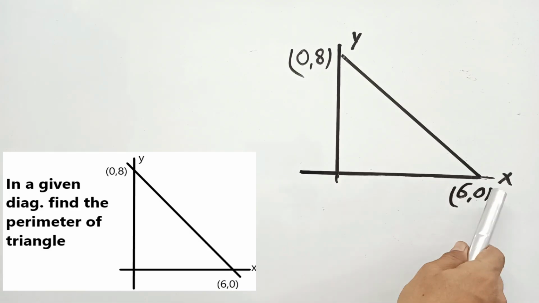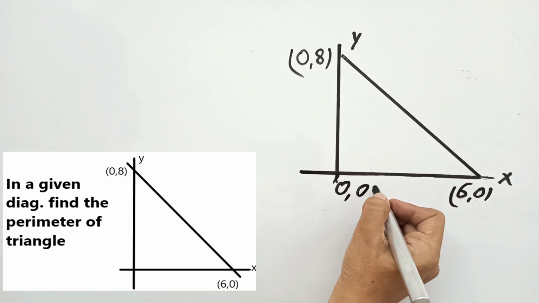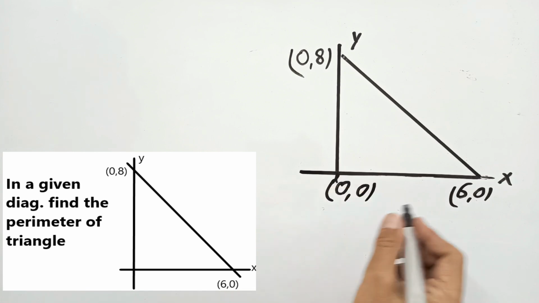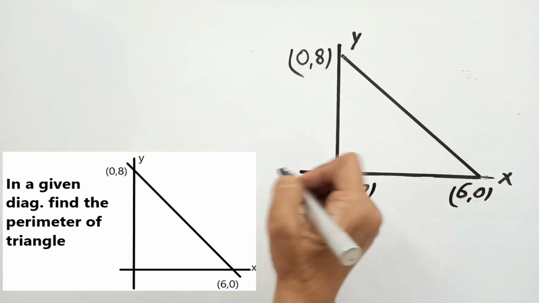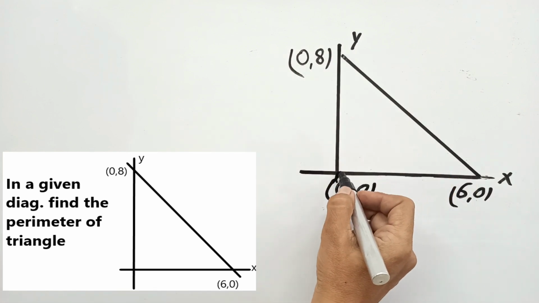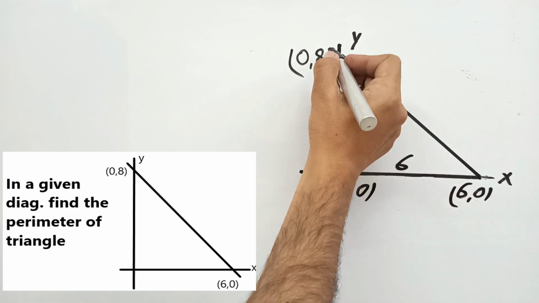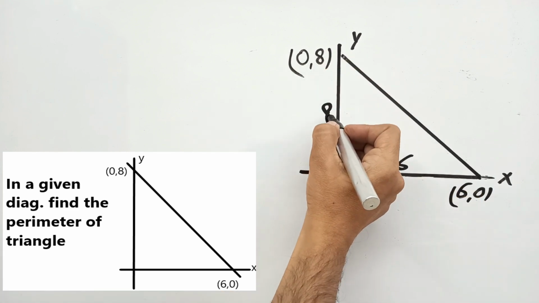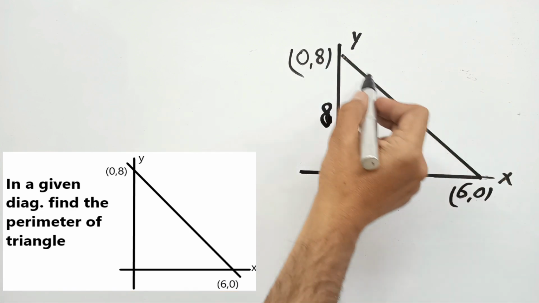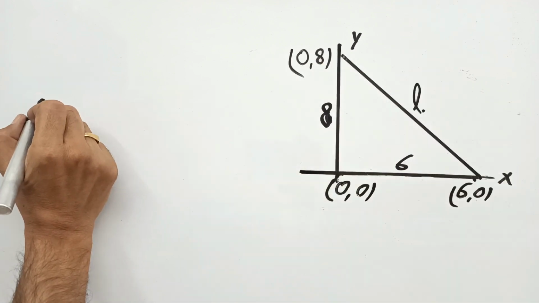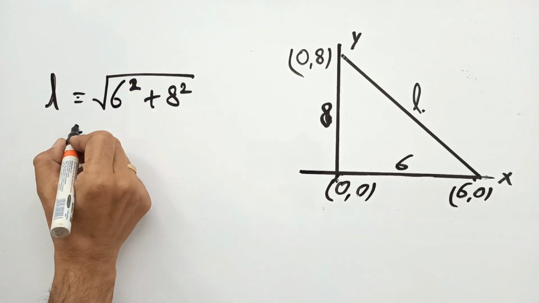See student, it is the x-axis, it is the y-axis, so this is the origin. The coordinates are 0, 0 and these coordinates are given. So by the distance formula we can find this distance, or directly we can see this is 6, 0, it means it is 6 and this is 8. And by Pythagoras we can find this side. 6 square plus 8 square under root.